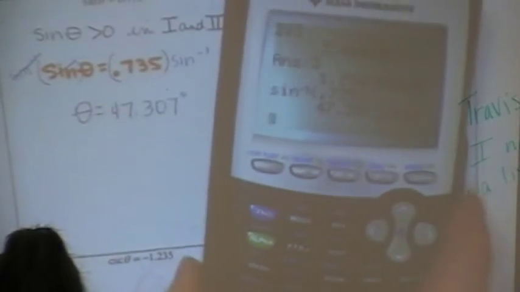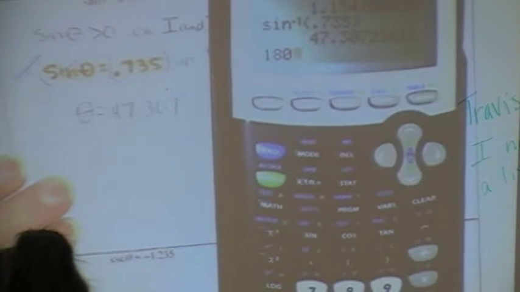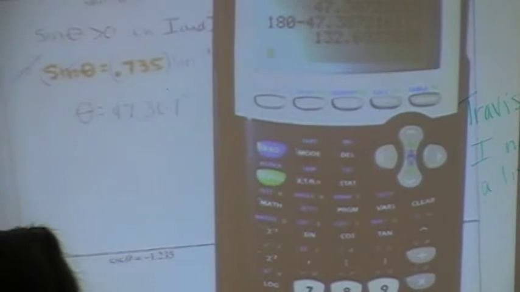So I have to plug in my calculator 180 minus the angle that my calculator gave me. So I usually just arrow up to it, grab it, and hit enter. So my other angle is going to be theta equals 32.693 degrees.